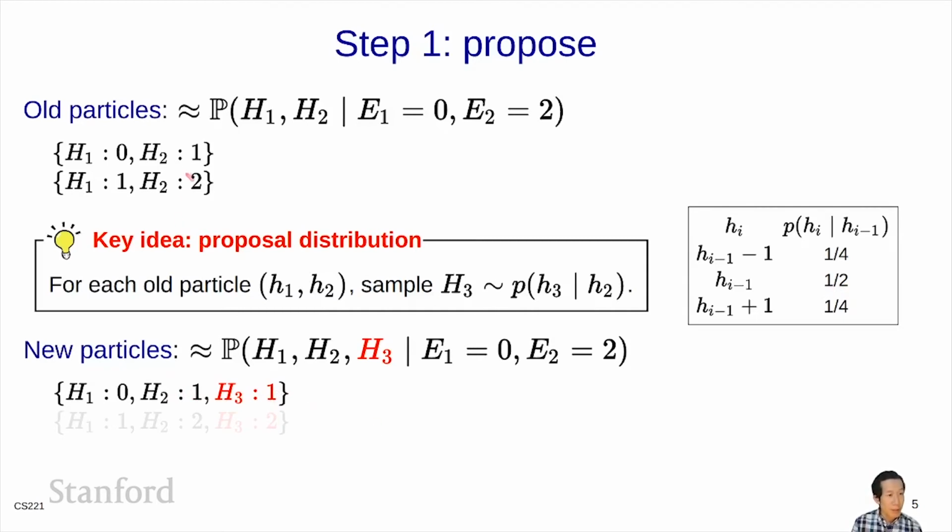And I'm going to take this particle and extend it to 2, and that's also going to happen with probability 1/2. Now, this is a random algorithm, so I could have sampled from the distribution. I could have gotten 1 here. I could have gotten 3 here. But let's just go with 1, 2.